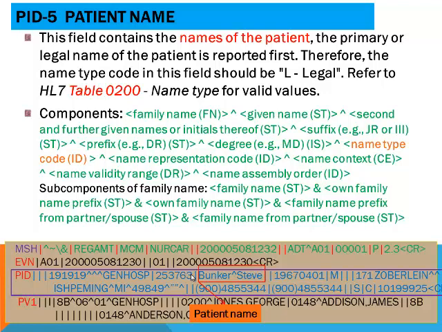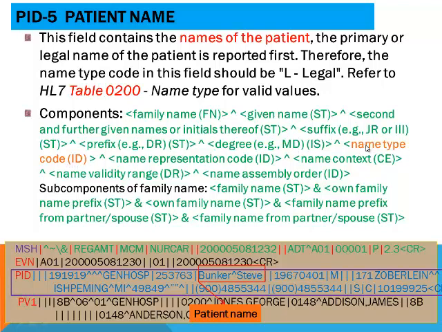PID5, the field, in fact, is the patient name. This is generally the legal name. The components that compose this field are: family name, given name, second and further given names or initials, then suffix, prefix, some doctor, then degree, MD, and name type code.